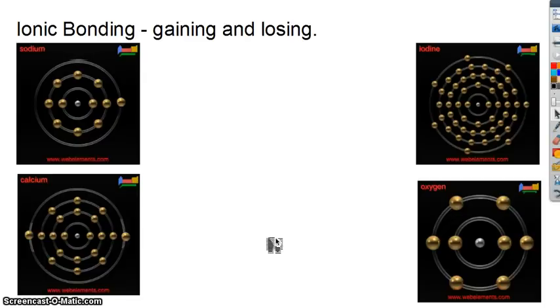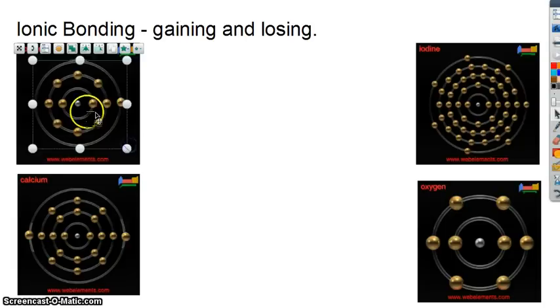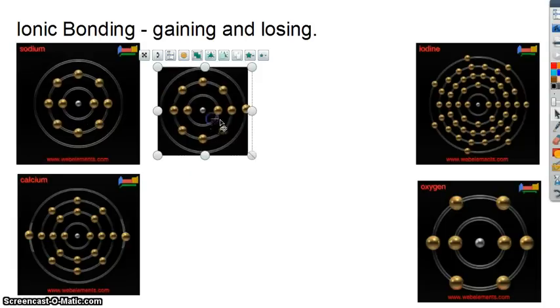So I have pictured here 4 example atoms: sodium, calcium, iodine, and oxygen. So we're going to pull sodium out first. For sodium to become more stable and fulfill the octet rule, it can lose 1 electron.